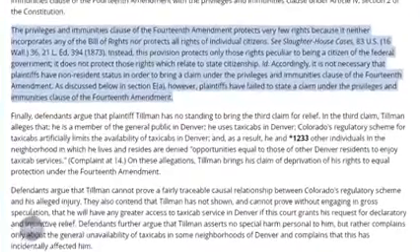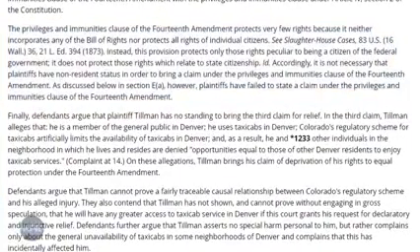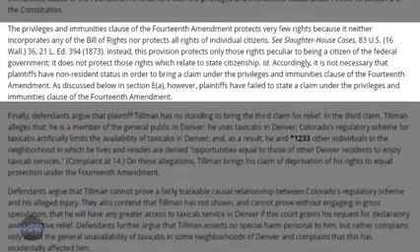When you go down, you can read in the case, it says, the Privileges and Immunities Clause of the 14th Amendment protects very few rights because it neither incorporates any of the Bill of Rights nor protects all rights of individual citizens. And notice how they wrote the word citizens. See Slaughterhouse Cases. And it goes on, it says, instead, this provision protects only those rights peculiar to being a citizen of the federal government. It does not protect those rights which relate to state citizenship.